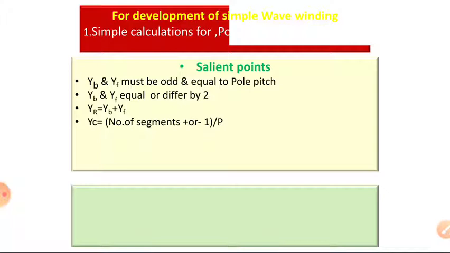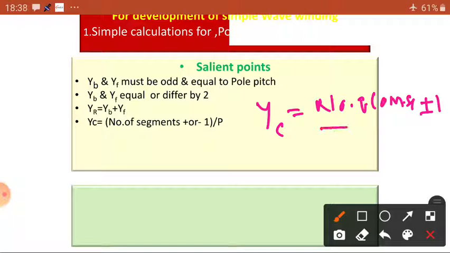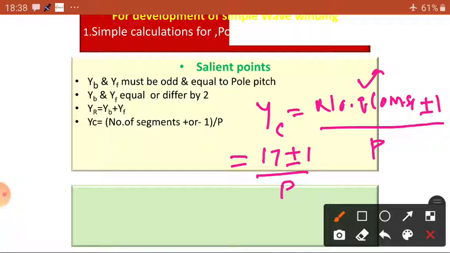Now the commutator pitch. The commutator pitch YC is equal to the number of commutator segments plus or minus 1, total divided by P. So if the given number of commutator segments is 17, then 17 plus or minus 1 divided by P, where P is equal to 4 for a 4 pole machine.